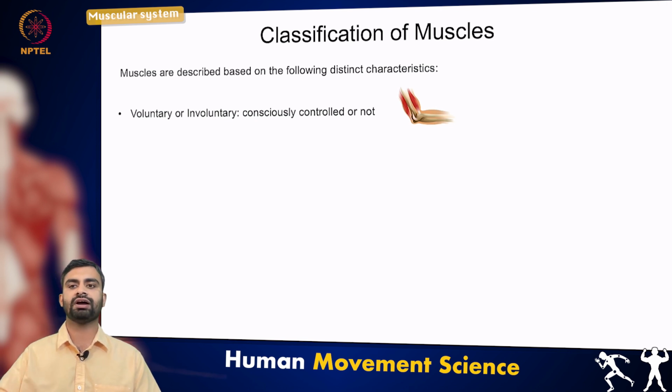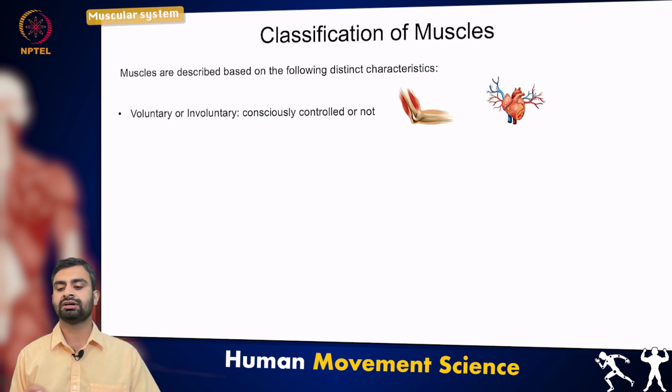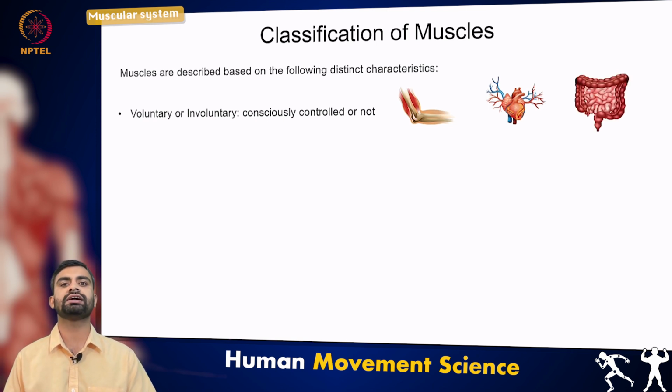If I want to bend my arm or extend my arm, I can do it consciously. But in the case of cardiac muscles, I cannot control the rhythmic beating of the heart at my own will. Similarly, the muscles present in our digestive tract are under involuntary control.